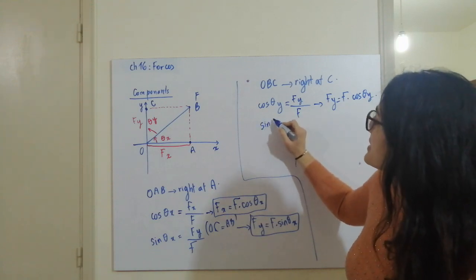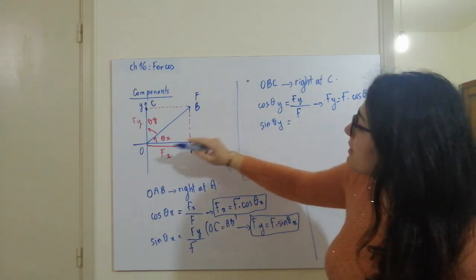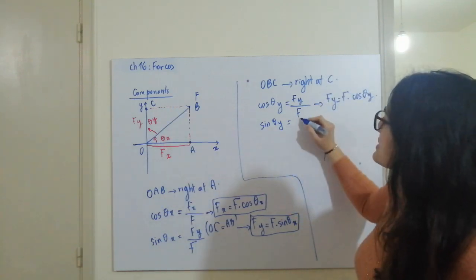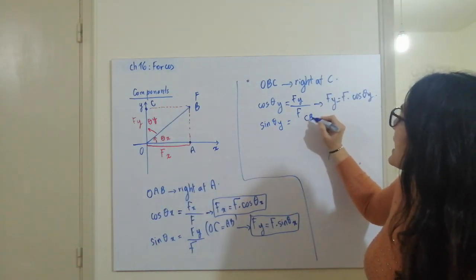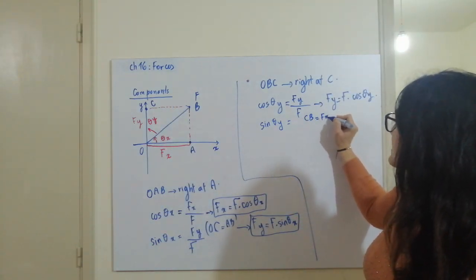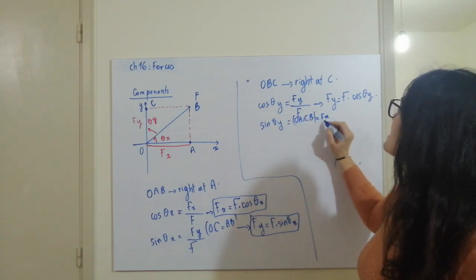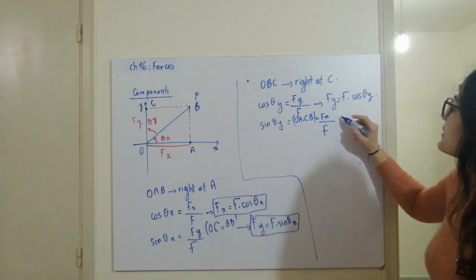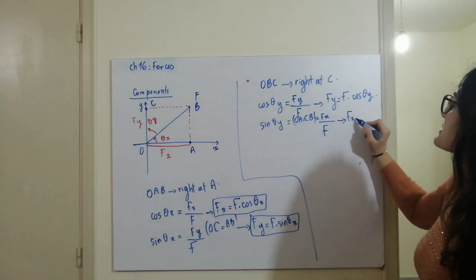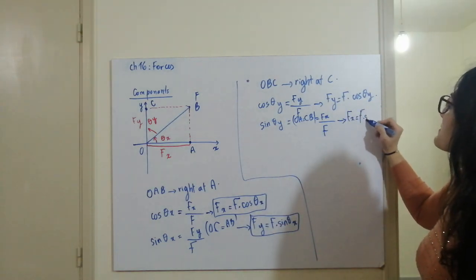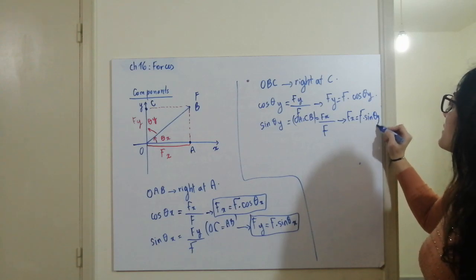If you need sine theta y, it's the opposite, which is, in fact, CB. And CB is equal to Fx, which is OA. So OA equals CB, so it's Fx over F, which means Fx equals F times sine theta y.